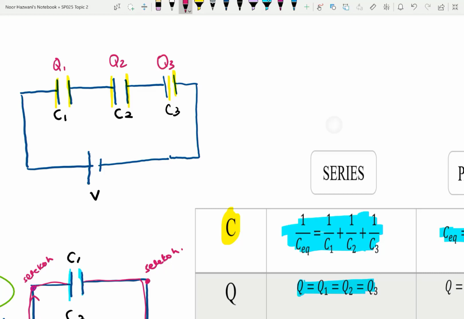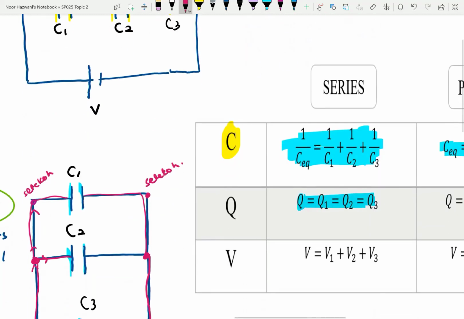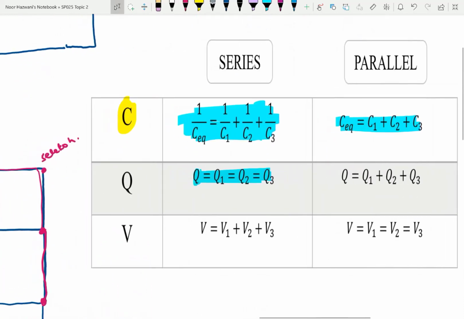Okay, tapi dia punya nilai dia adalah sama dengan Q total. So Q total adalah sama dengan Q1, adalah sama dengan Q2, sama dengan Q3. So kalau Q1 store 5 coulomb, so Q2 pun store 5 coulomb. Q3 also the same. Okay, and then untuk parallel you have to sum up lah. Untuk Q total dia adalah sama dengan Q1 plus Q2 plus Q3.